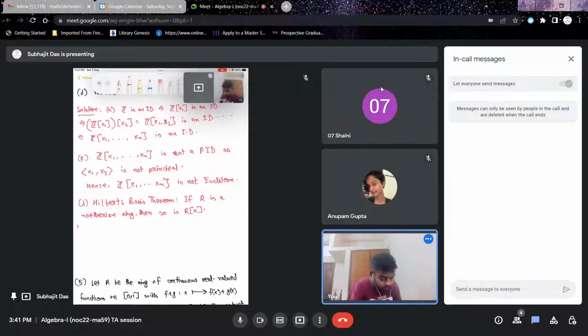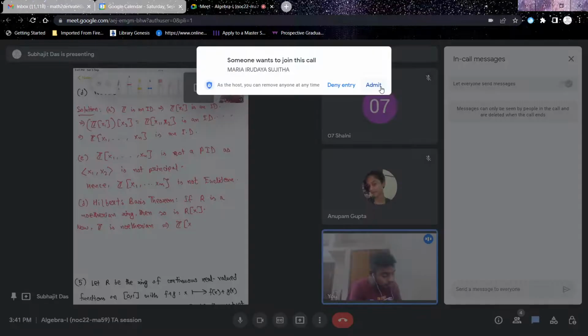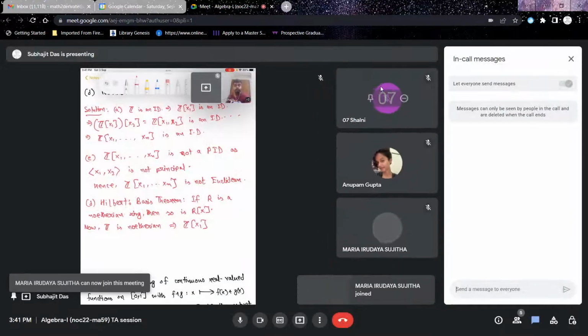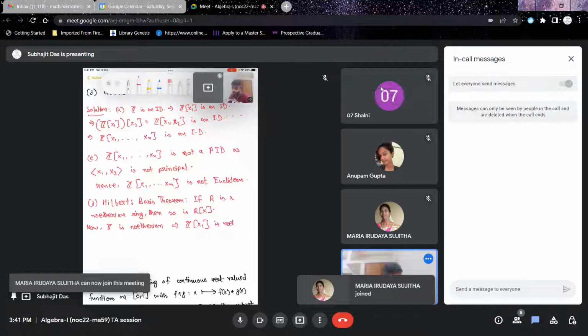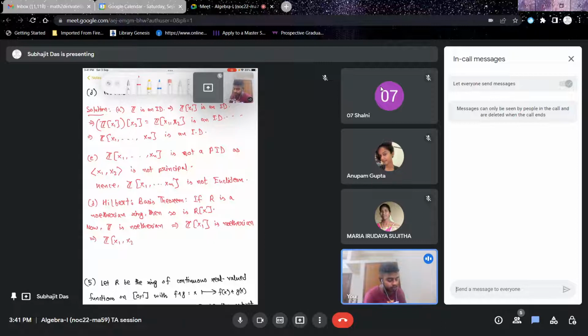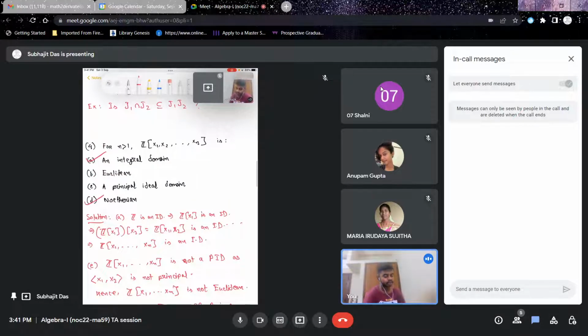So Z is Noetherian implies Z adjoined with x1 is Noetherian, which implies Z adjoined with x1, x2 is Noetherian, and this goes on and on. Z[x1, ..., xn] is Noetherian, right? So that means option A and option D are correct.